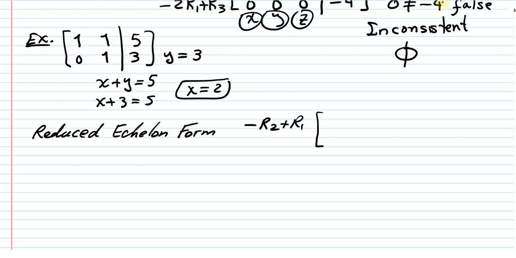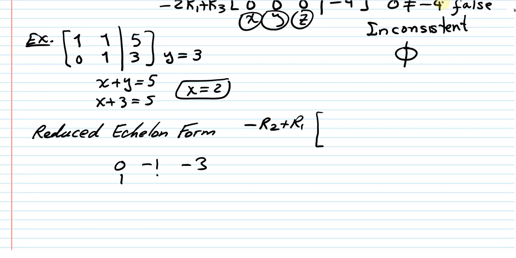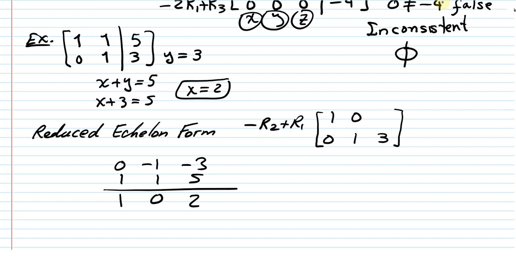Negative R2, that's 0, -1, -3, right? Negative of every element in the second row. The existing first row, 1, 1, 5. And so here's my second row. I don't want to change it. And my first row is going to be 1, 0, 2. And there you have it. I have it now in reduced echelon form. The first row reads x is 2, the second y is 3.